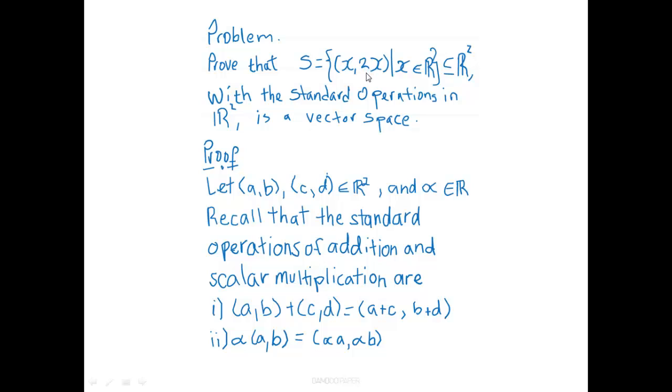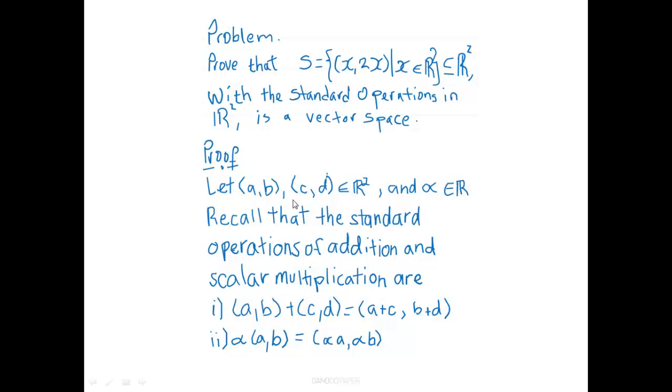The question is, using standard operations in the vector space R squared, is S a vector space? Before we get into this, let's quickly remind ourselves what the standard operations of addition and scalar multiplication in R squared are.